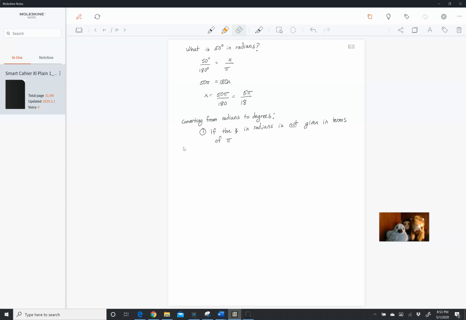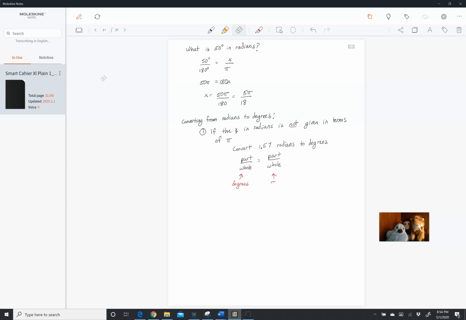Okay, so here, let's suppose that we have 1.57. Well, if we do that, you're still going to use the part to whole over part to whole. You're still going to do degrees and radians. Here's your degrees.